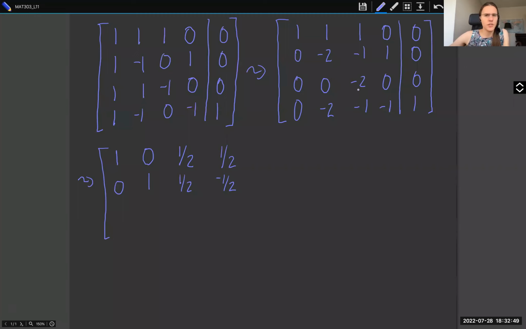Then I'm going to also add this to this. Actually, this row is going to stay the same. And let's make this a bit bigger. I may as well make that 1.